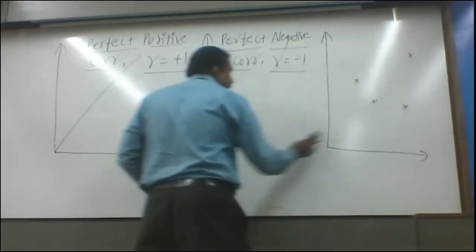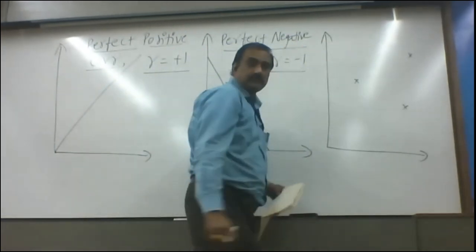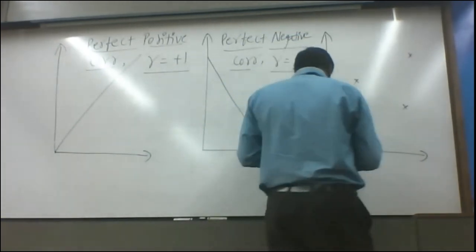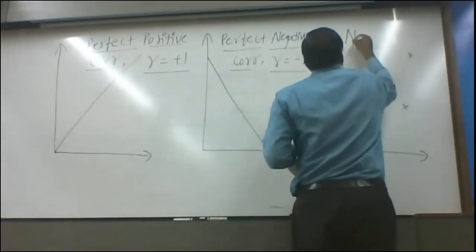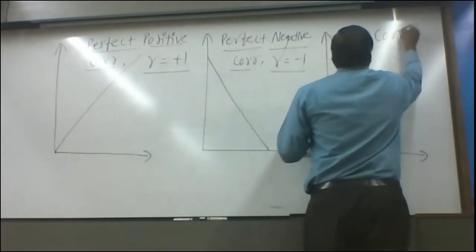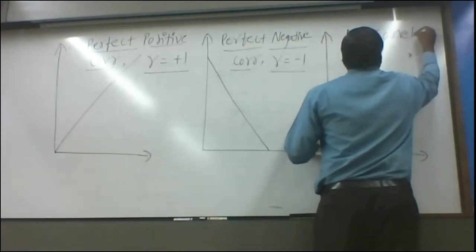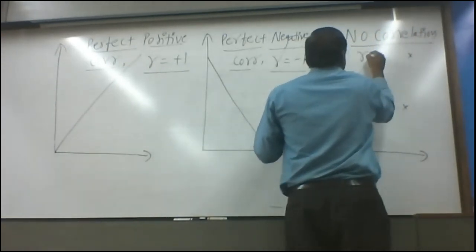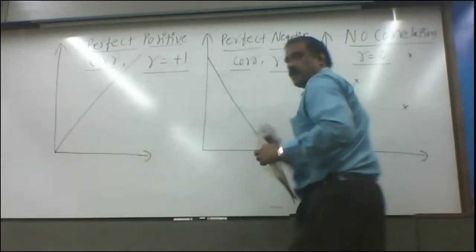When the points are scattered like this, we can say there is no correlation. That is R equal to 0.